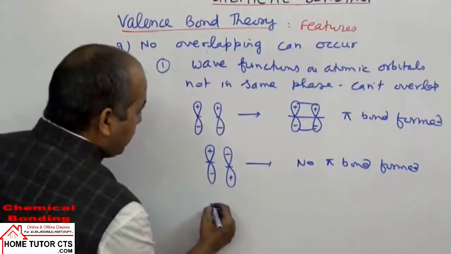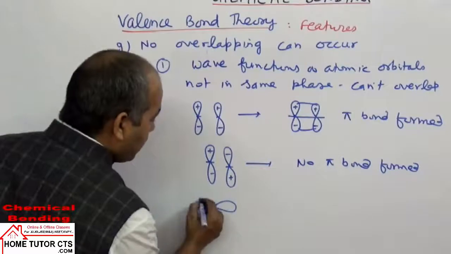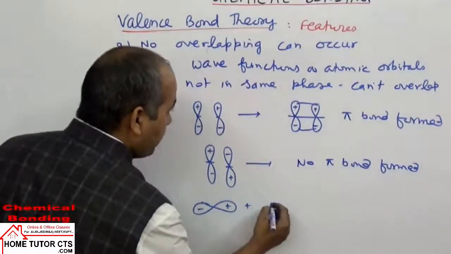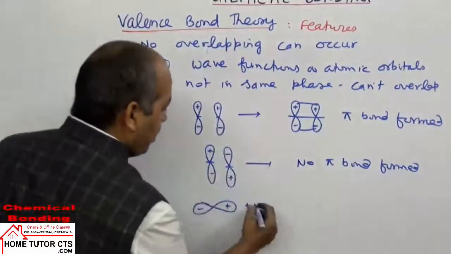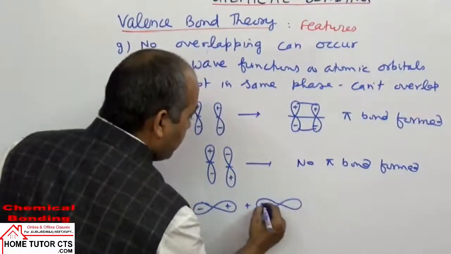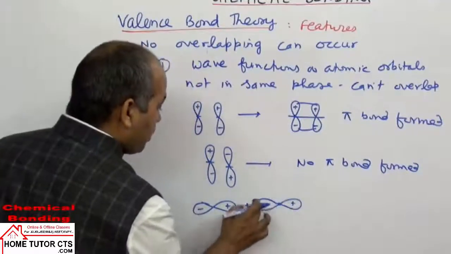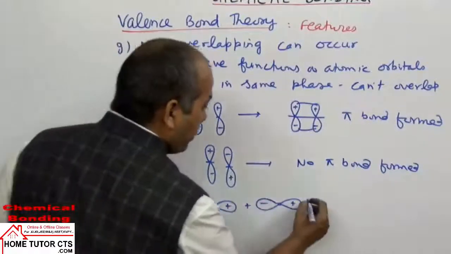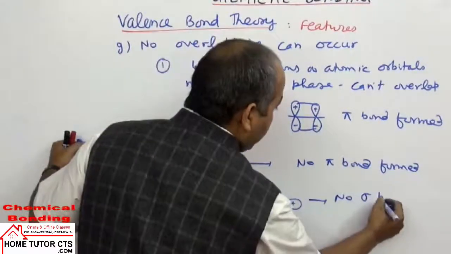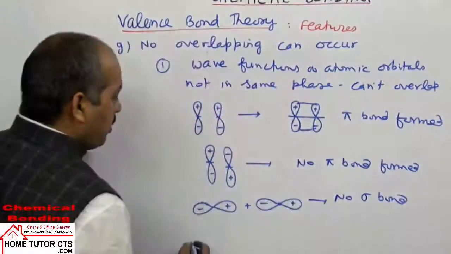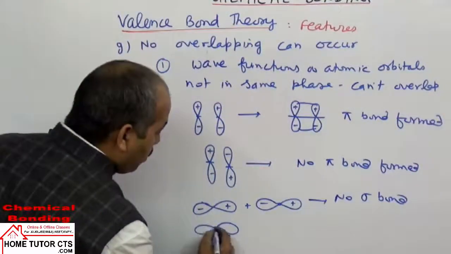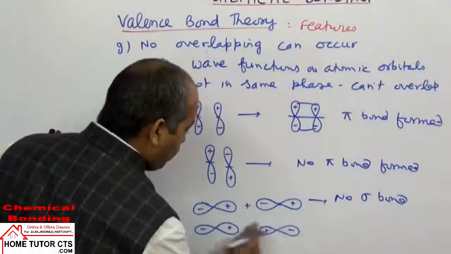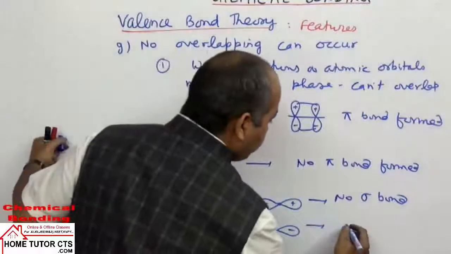Similarly, if I take pz orbitals, with this being px or py, and the lobes of opposite sign come together, no sigma bond formation is possible. But if the same sign of the wave functions come together, then overlapping will take place.